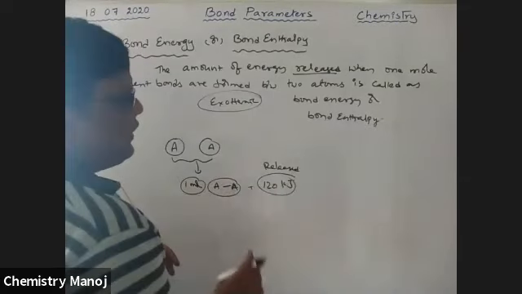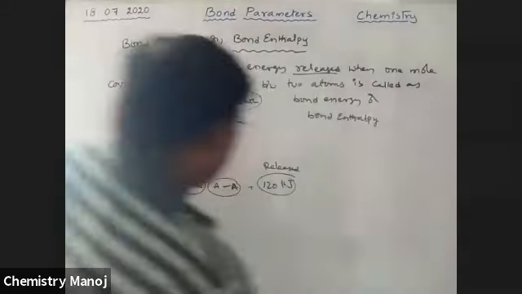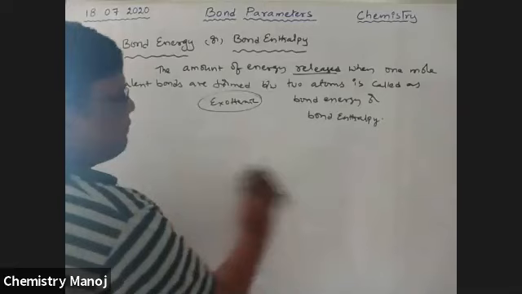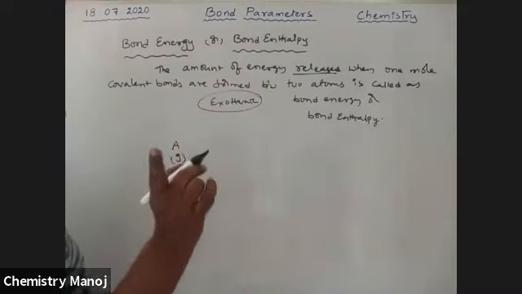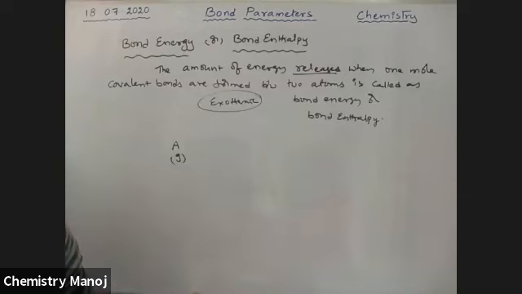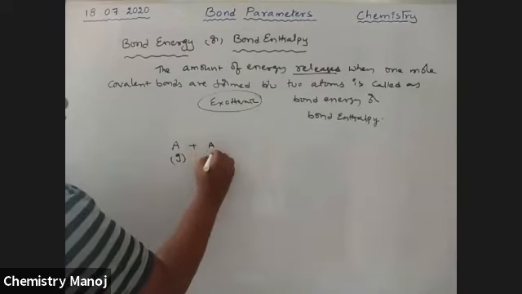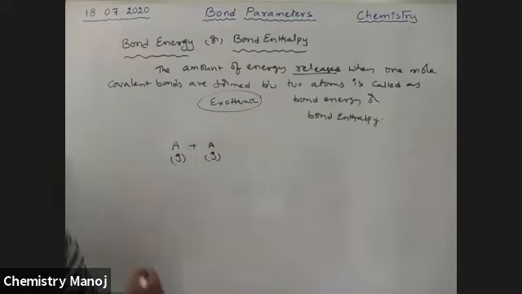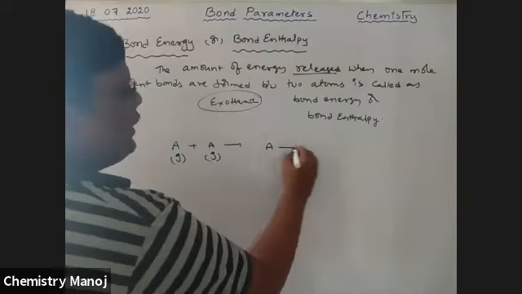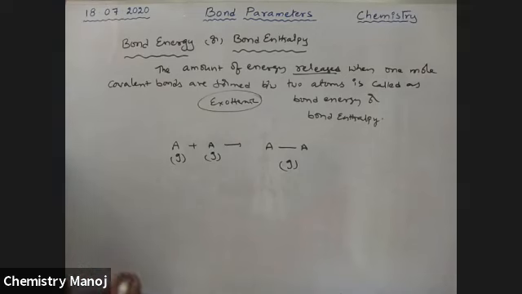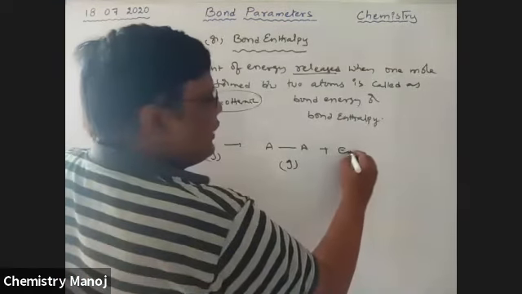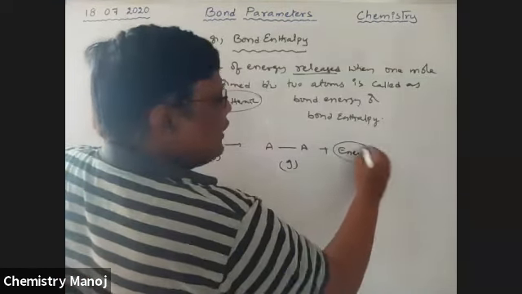I am writing this in equation form. A gaseous atom, my dear boys, all those atoms must be in gaseous state, connected with one more gaseous A atom, gives an AA gaseous molecule. During this process, energy is released.